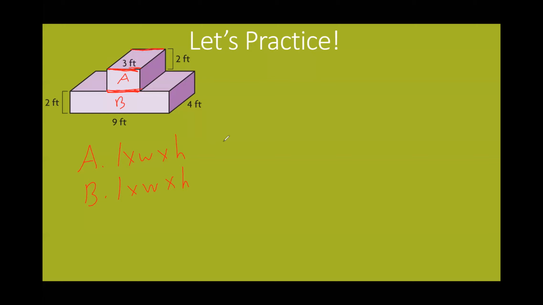So the length of A is 3. How about the width from front to back? I don't see a dimension there, but I can tell it matches this one. It's 4. And then my height is 2. I know that 3 times 4 is 12, and 12 times 2 is 24 feet cubed.